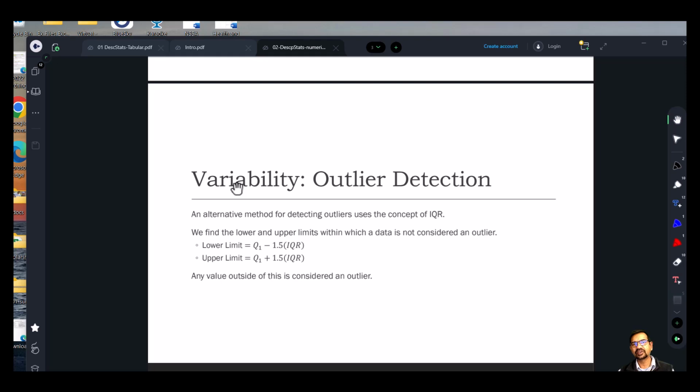So the lower limit for an outlier is the first quartile minus 1.5 times the interquartile range. And then the upper limit is the third quartile, which is the 75th percentile, plus 1.5 times the interquartile range. Anything above or below these limits would be considered an outlier. So let's see how we can assess outliers with these measures.